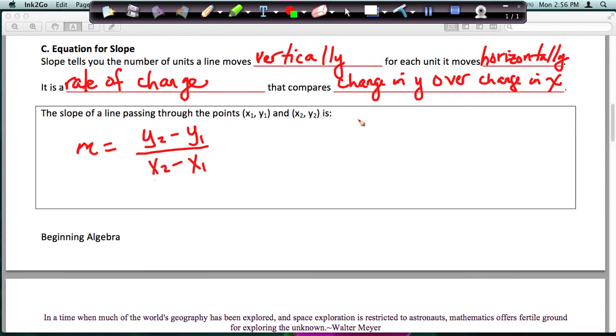So remember, if I have 2 points, x1, y1, and x2, y2, my slope is telling me the change in y, so that is this rise, showing that's a straight line, over my change in x, that's my run. So that's what the slope is telling me, rise over run.